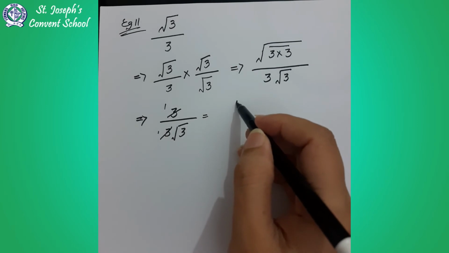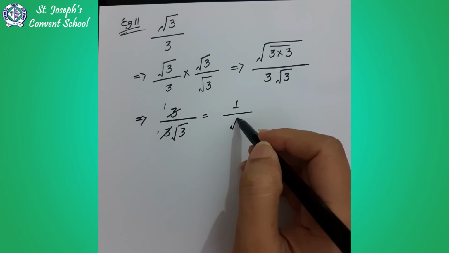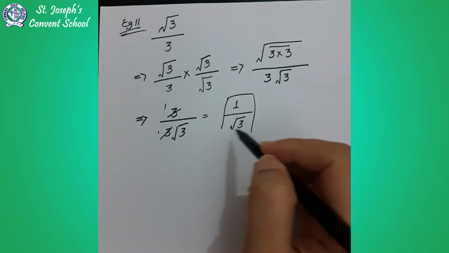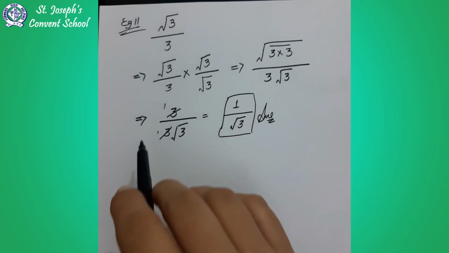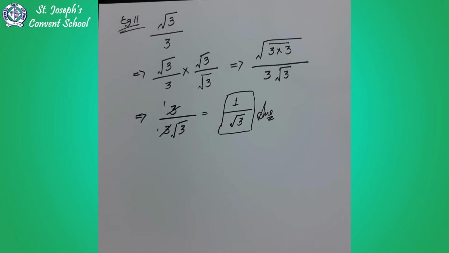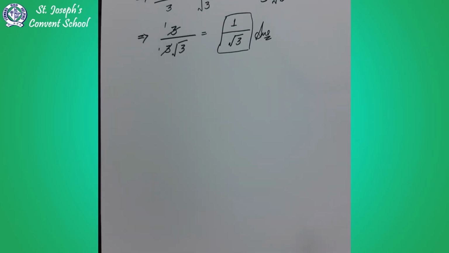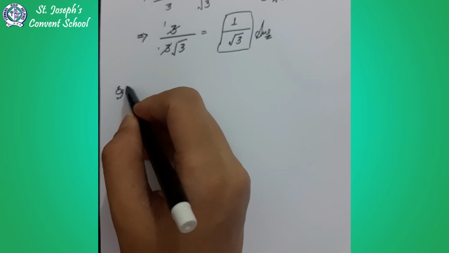It is 1 upon under root 3. So this is the answer. 1 upon root 3 is the answer. The method is the same, whenever one root sign is given and the terms are the same, always multiply and divide by the root.